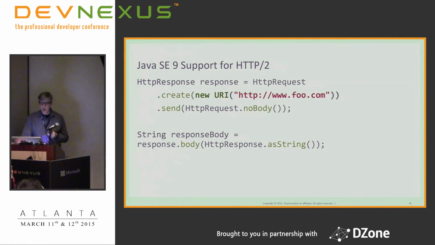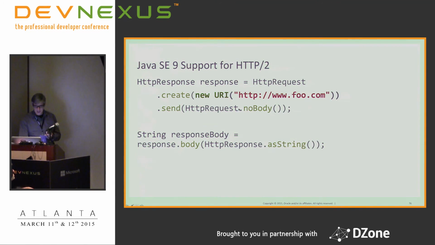So here's the basic API. You notice I'm not showing builders here because there are convenience methods that implicitly create one. So here we say HttpRequest.create, pass in the new URI, and then we say send. And we pass in this thing that says there is no request body to be processed.